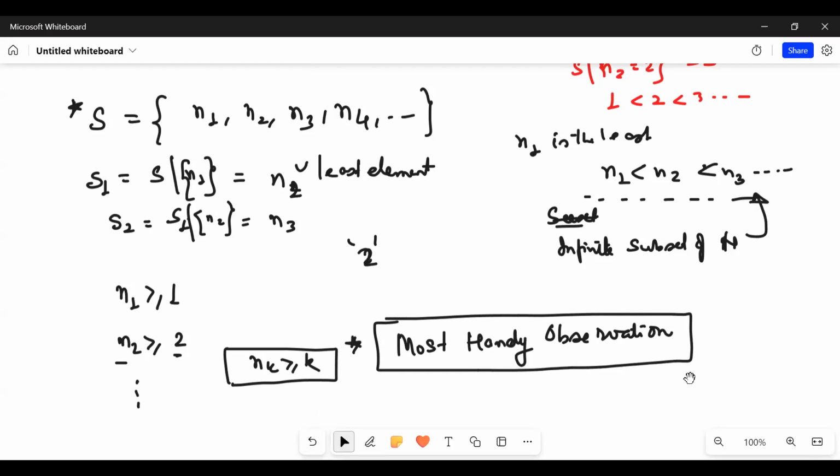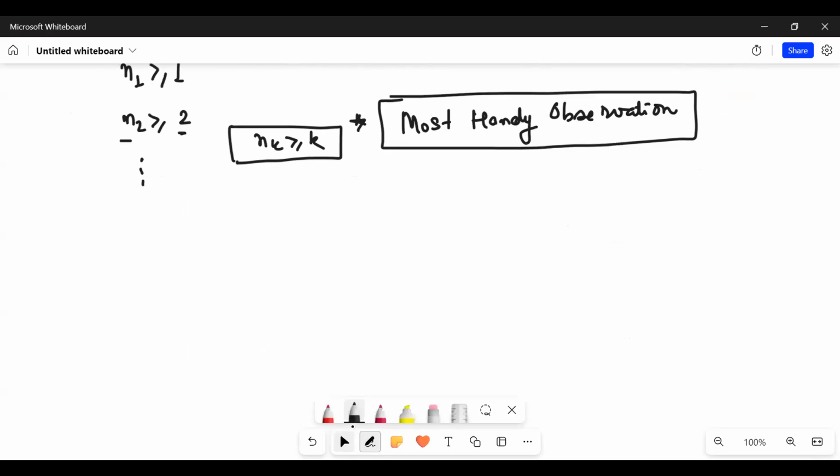See, if you are not getting it, I'm proving it again. Let's say S is a non-empty infinite subset of N. Then the least element n1 for this set should be greater than or equal to 1, because for natural numbers, the least number is 1.